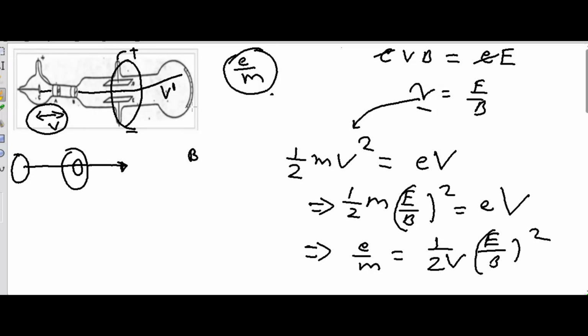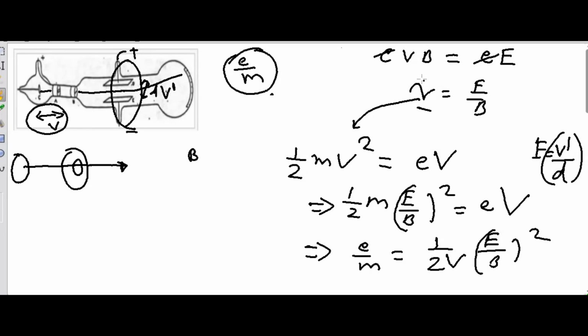This E is the electric field between these two plates. So if I want to write E in terms of potential, it will be V dash. Suppose the separation is d here, E will be equal to V dash by d and not V by d, because the electric field considered here is the one which will try to deflect the electron.